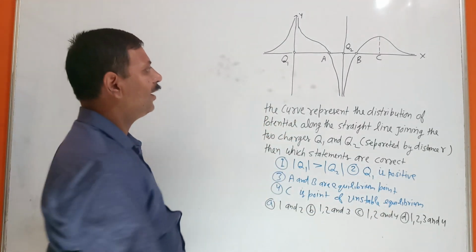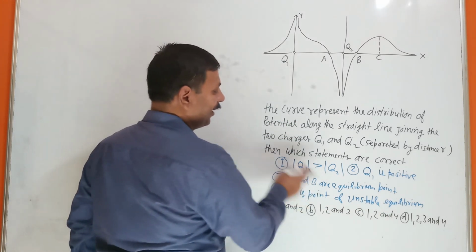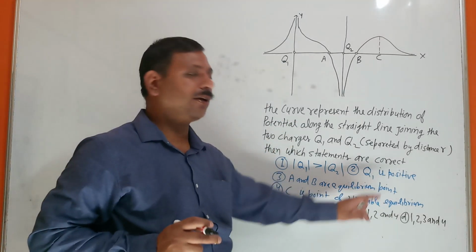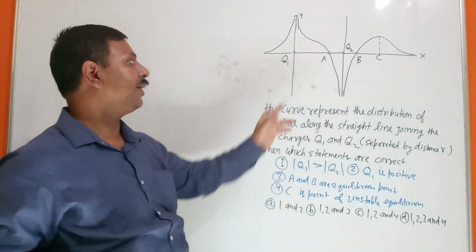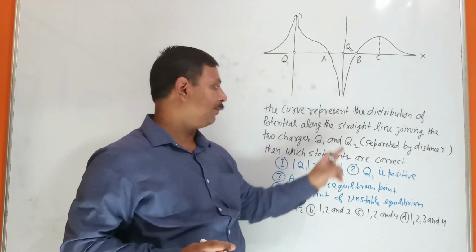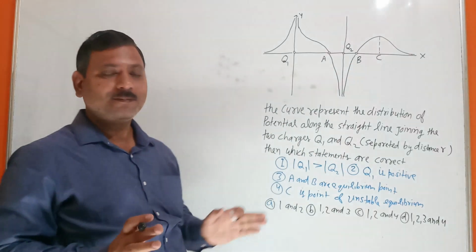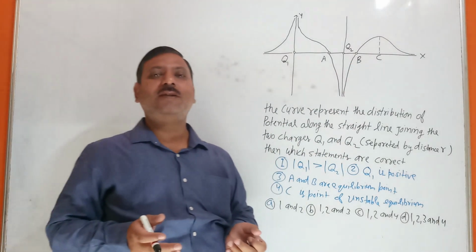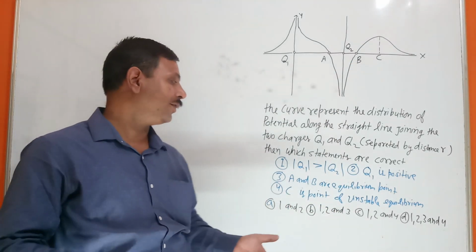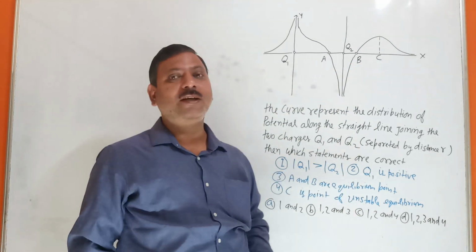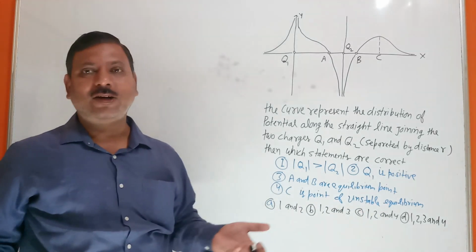For 3 and 4, what is given in 3? A and B are equilibrium points. See here, net potential is 0. Net potential 0 doesn't mean that net force is 0. If net force is not 0, then A and B cannot be equilibrium points, so it cannot happen.